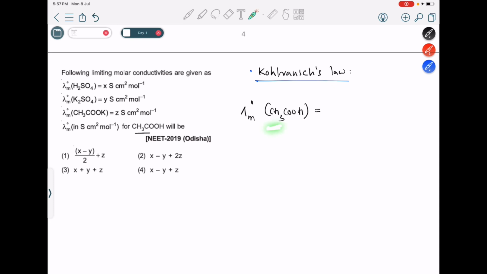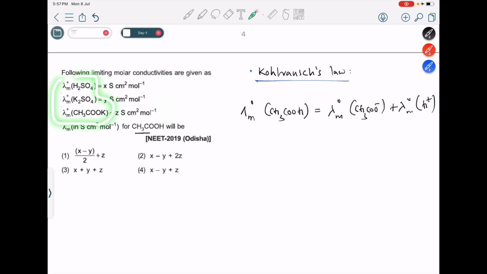So in acetic acid we have two ions, acetate ion and H plus ion. So I can write this as the sum of limiting molar conductivity of the acetate ion as well as the H plus ion. Now we are given three different electrolytes, all of them strong: H2SO4, K2SO4, CH3COOK. So we are given three electrolytes along with their limiting molar conductivity values.